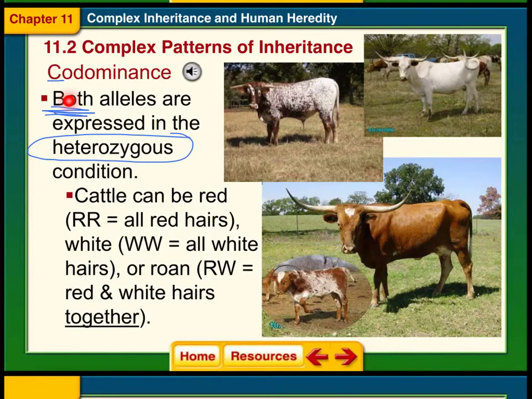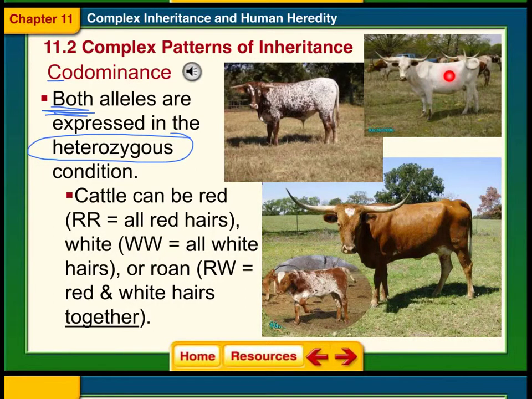Okay, so we have 3 phenotypes. We have the capital R, which would be all red hairs, this guy right here. And then we have capital W. We don't use the recessive R's because we have a new phenotype here, which would be all white, and that would be this guy here.